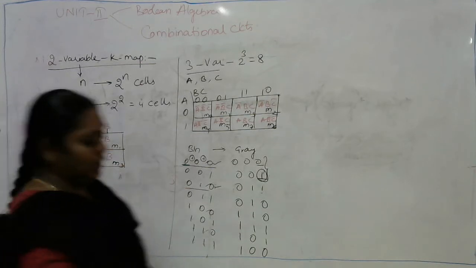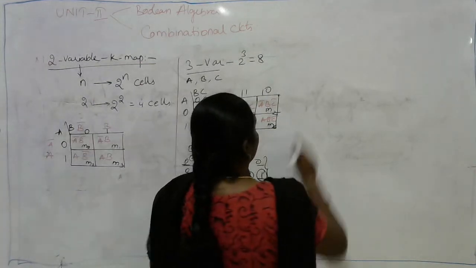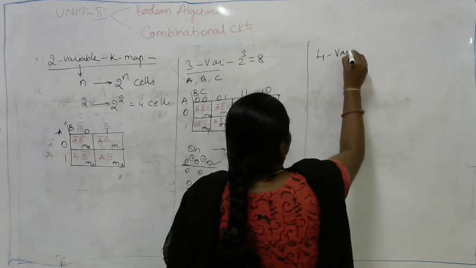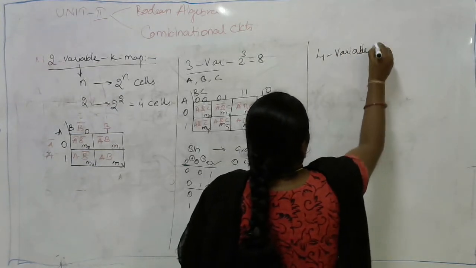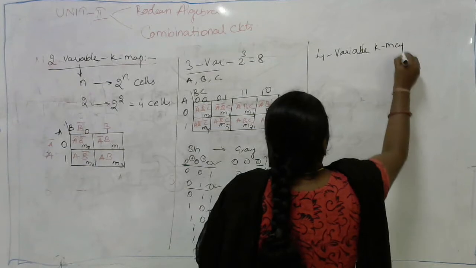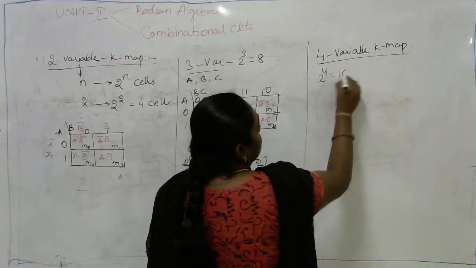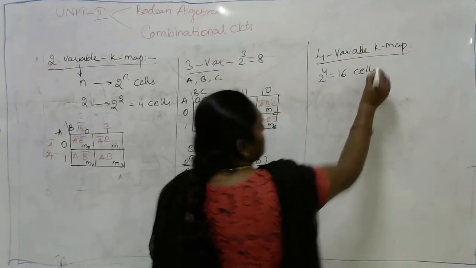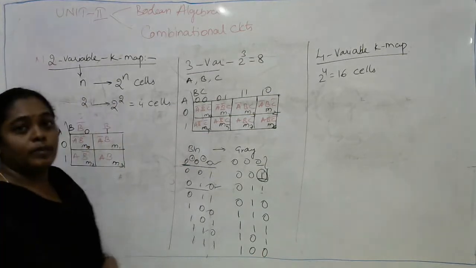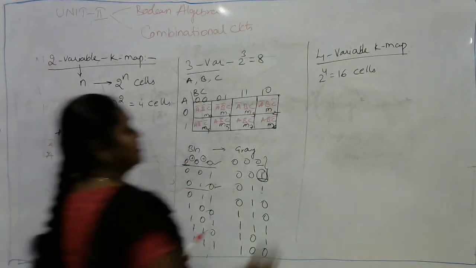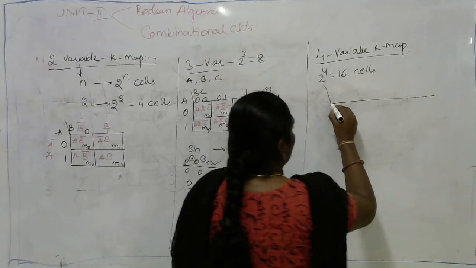Similarly, if I want to draw for 4 variables, a 4 variable K-map consists of 2 power 4, which is equivalent to 16 cells. So the total number of cells in a 4 variable K-map is 16.